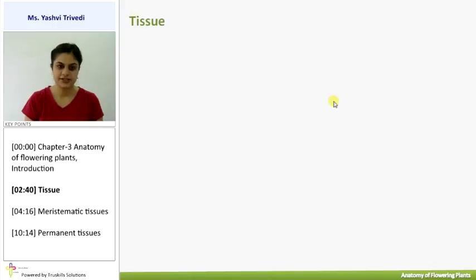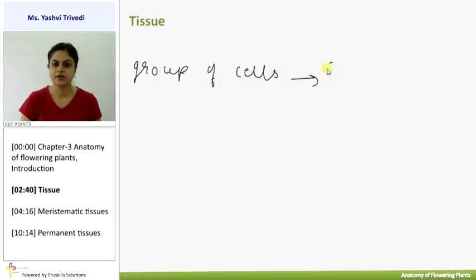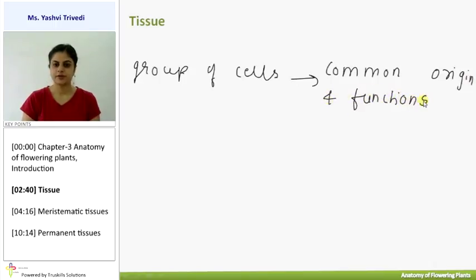First of all, tissue is a group of cells which have common origin and functions. The group of cells having common origin and functions, all combining together and performing the same type of function, is what we call a tissue.